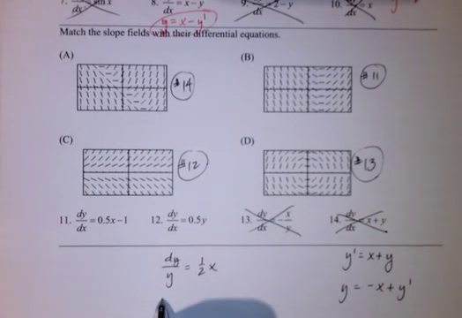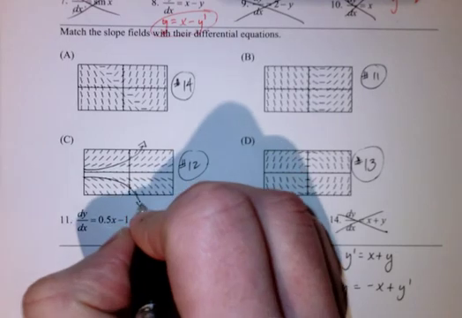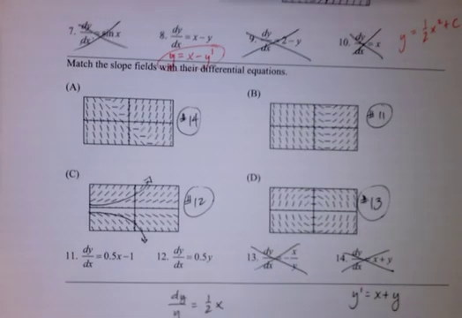When I integrate, I get a natural log y, and then in order to get rid of that natural log, I'm going to have to exponentialize both sides, thereby giving us either a positive exponential or negative exponential, depending on what the coefficient is in front of the e to the x. Okay. Now, that is matching based upon the differential equation and the slope field.